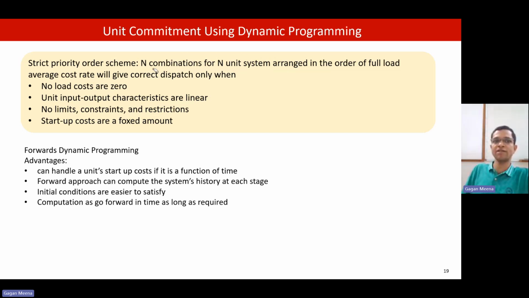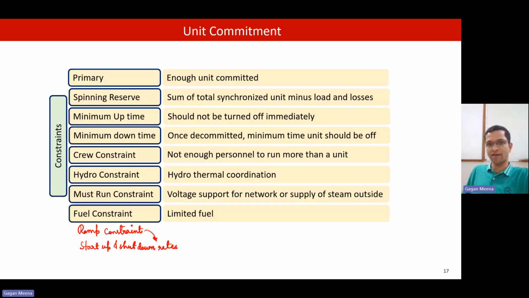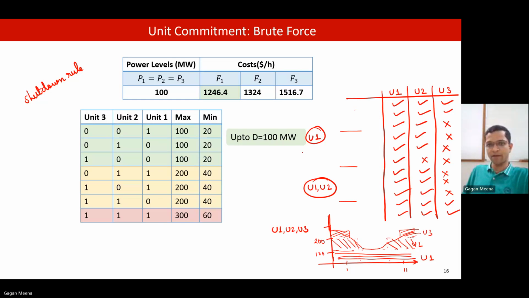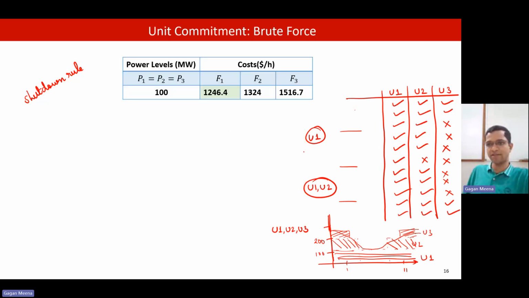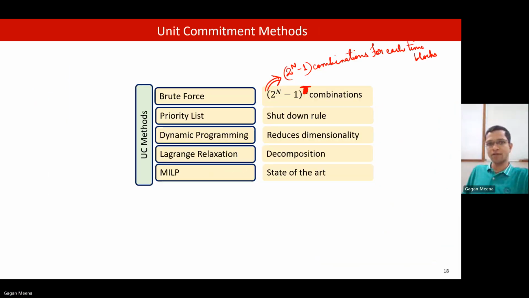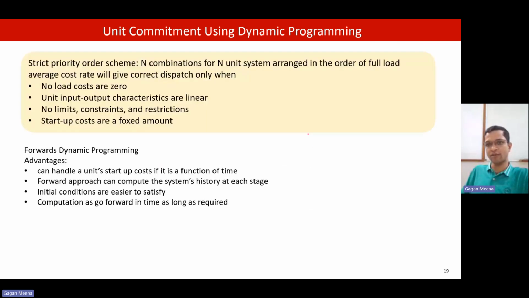If we have 3 units, we have already seen that strict priority order. This one was the same strict priority order. U1, then only U1 and U2, then only U1, U2, and U3.